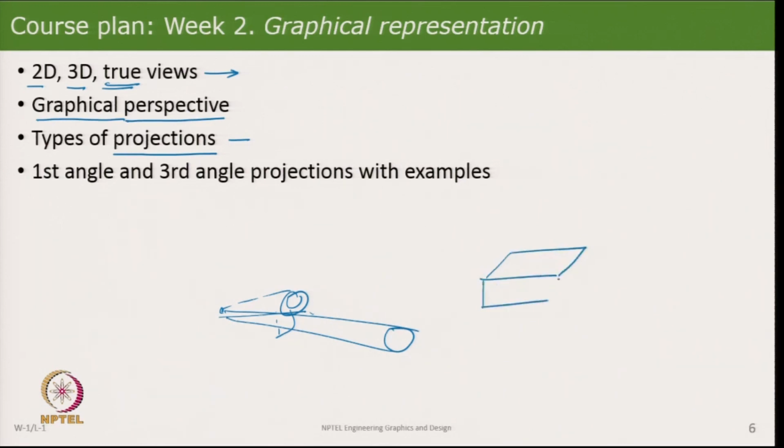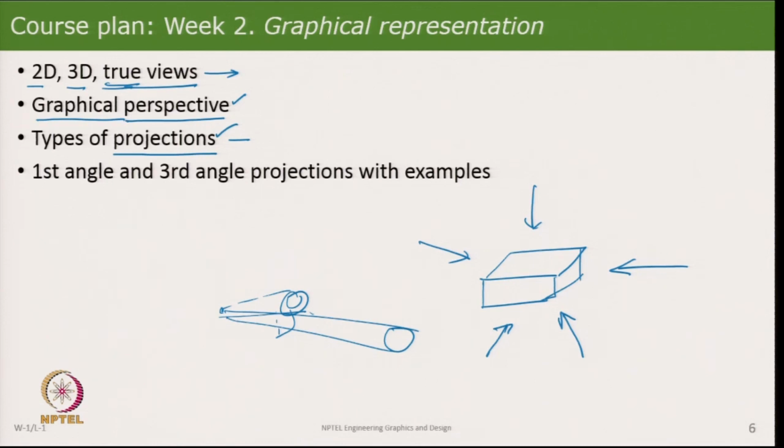Very simply, if I just make an object like that, I could look at it from here, I could look at it from here, I could look at it from there, anywhere. And then looking from that side, I could either look at it as a natural way of looking at it, which would be a perspective, or I could make it a true view, which is what we put in projections.